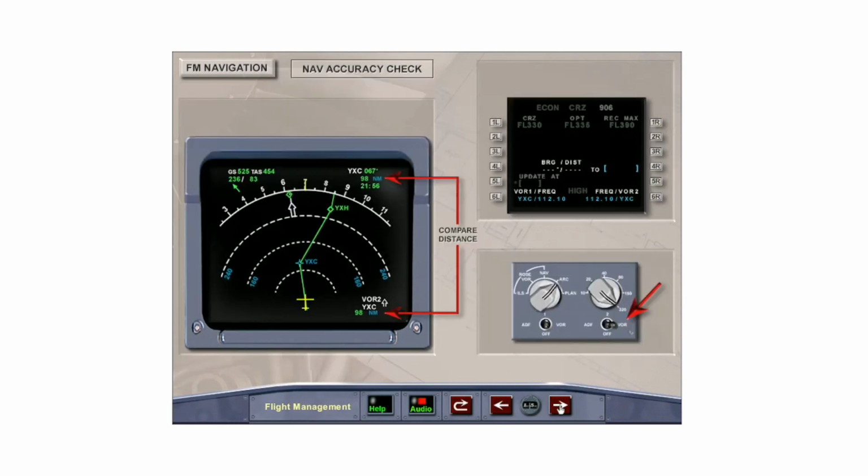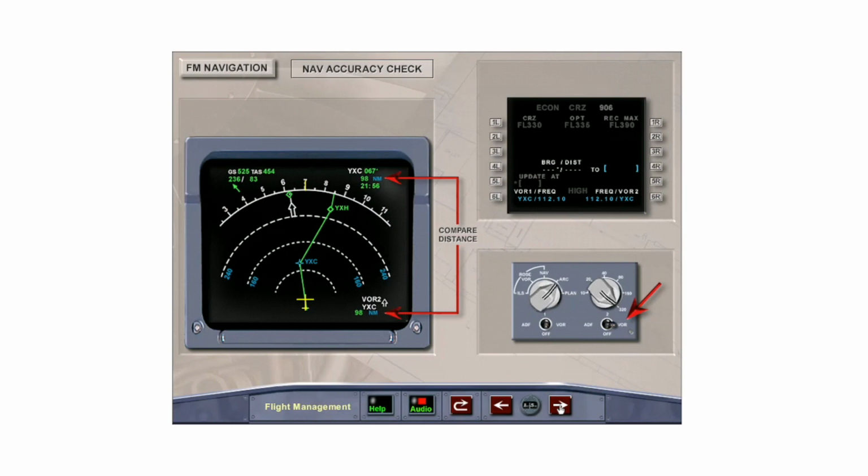Since FM nav accuracy is based on an estimated position error, the flight crew must periodically check aircraft position against raw data. On the Nav Display, the FM distance to the two-way point can be checked against raw data if the two-way point is a VOR DME.